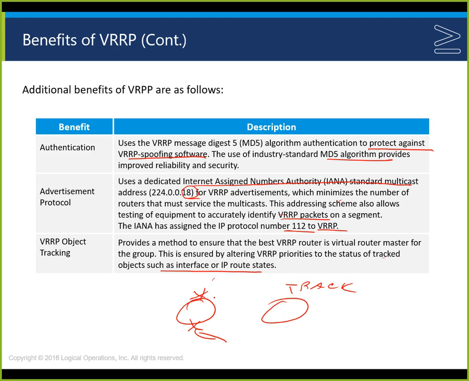But if this interface goes down, it doesn't report, and that's what object tracking is. If the outgoing interface goes down, we decrement the priority so that this device gives up its primary duties and shifts them over here. So that's what interface tracking is about.